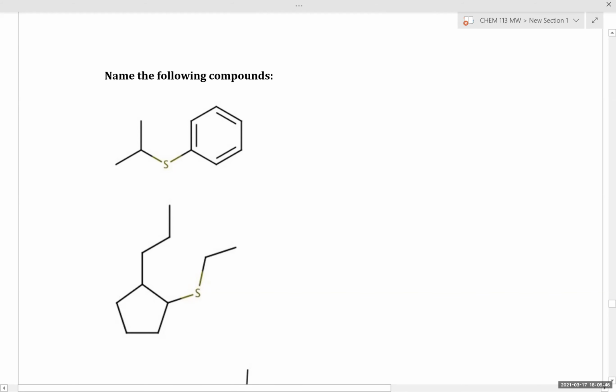And as a result, in terms of preference, if you have to pick between a sulfide and an alkyl group, you'll generally prefer to give the sulfide the lowest locant number. So let's try and take about 4 to 5 minutes and let's name the following two compounds.